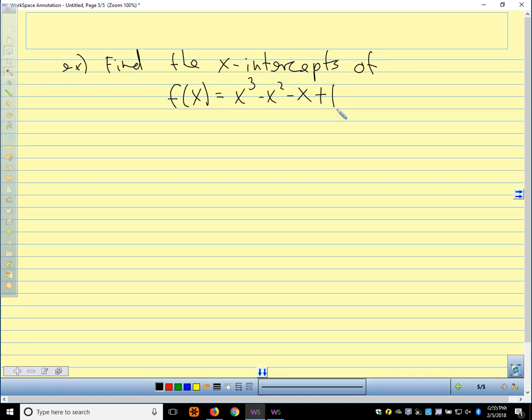How do we find the x-intercepts? An x-intercept is where the function equals 0. Well, that's also the same as where we get a solution of x cubed minus x squared minus x plus 1 equals 0. But that's also the same as saying that we want to find the factors of x cubed minus x squared minus x plus 1. How do we find the factors of this thing? We factor.